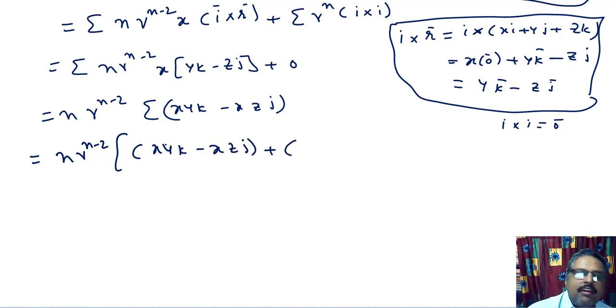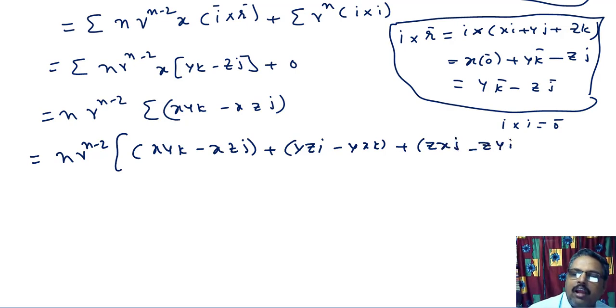Now how to write the second term? In place of x, write y. In place of y, z, next variable. In place of k, i, minus yxk. Now third term, in place of y, z, x, j, z, y, i. This is also a known result.